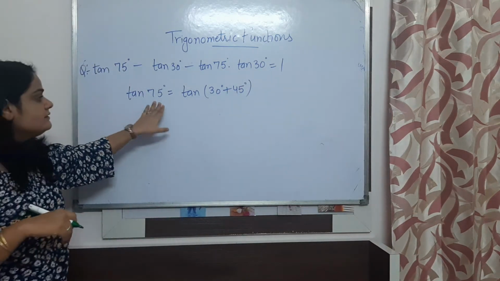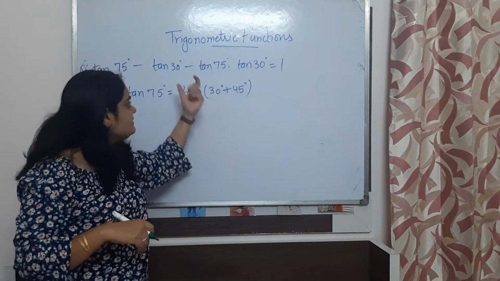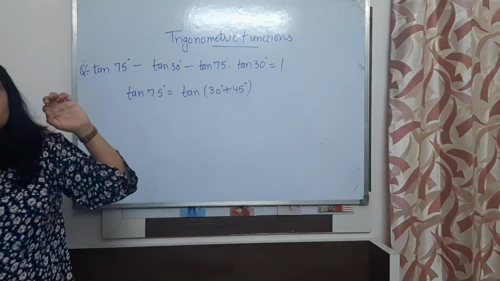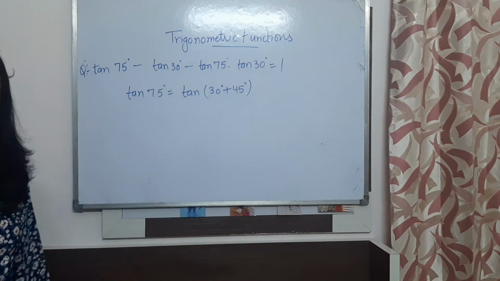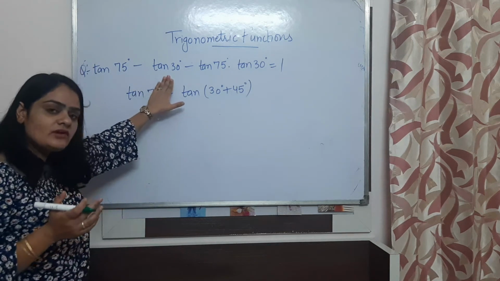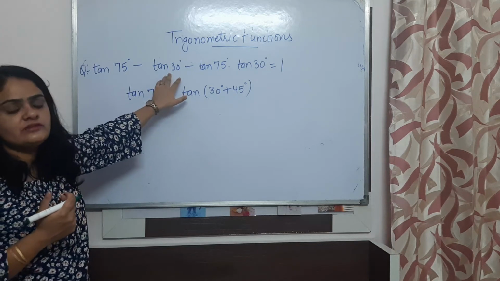Then we can get 75 as an angle. Of course I know that 30 is already available in the statement, but 45 is not available. But you know that tan 45's value is 1. Tan 30's value we already know, but in the statement the author doesn't want the value of tan 30.